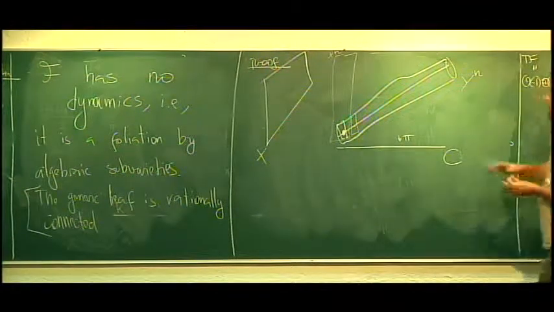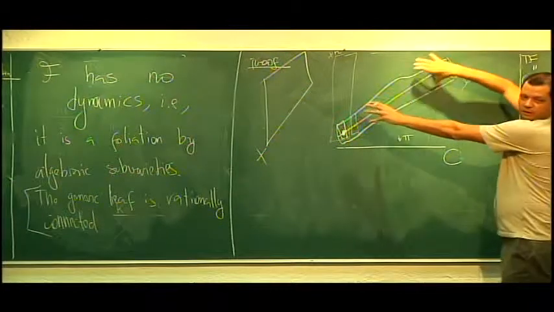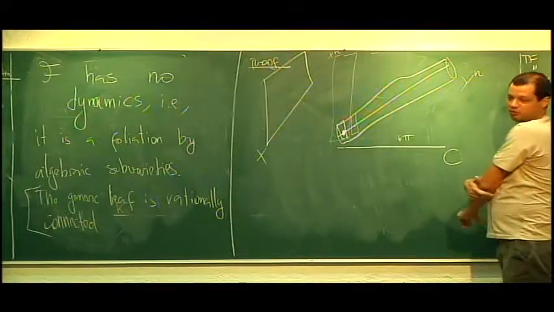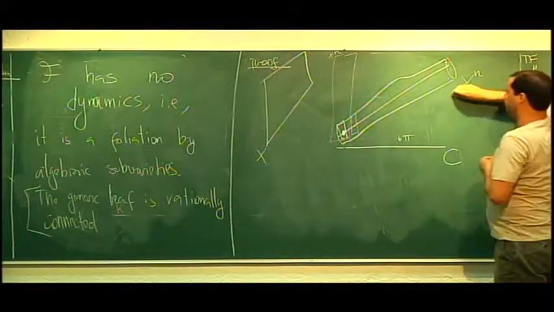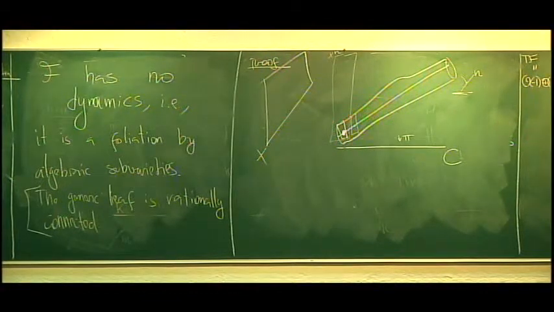So somehow, in this neighborhood, our foliation is given by the level sets of this projection. Of course, this variety can be very complicated. But why is this construction interesting?